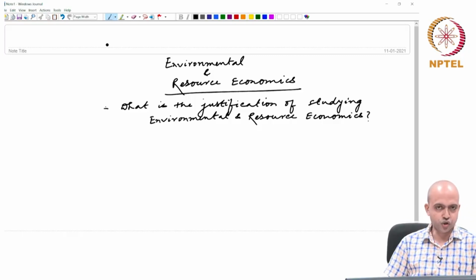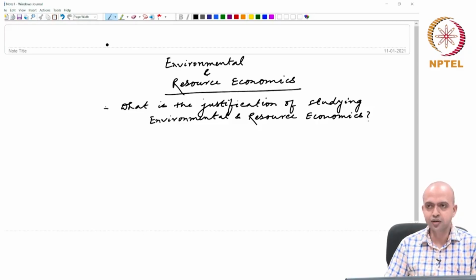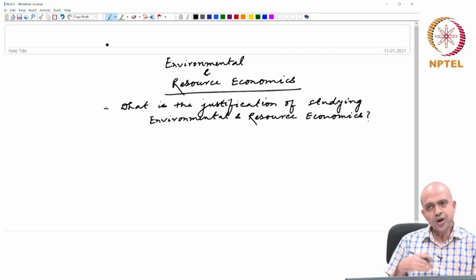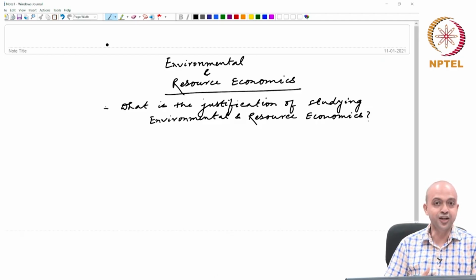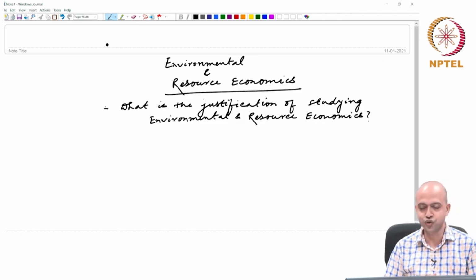Now, the justification would be very clear to you if you understand first what is environment and then what is the role of economics in dealing with environmental issues.